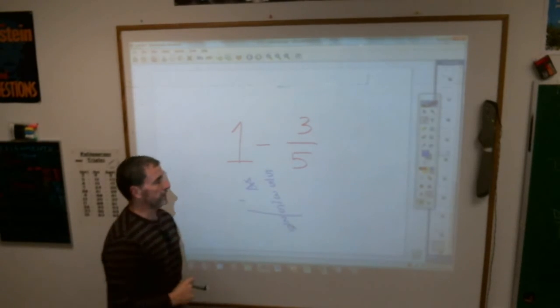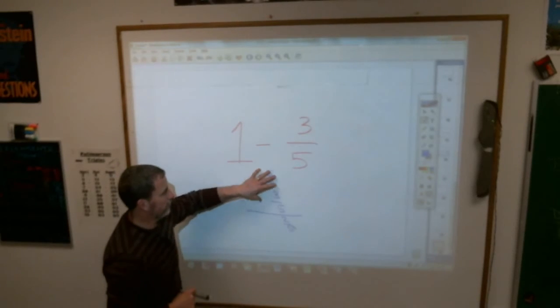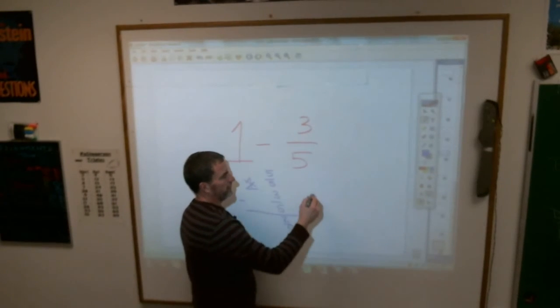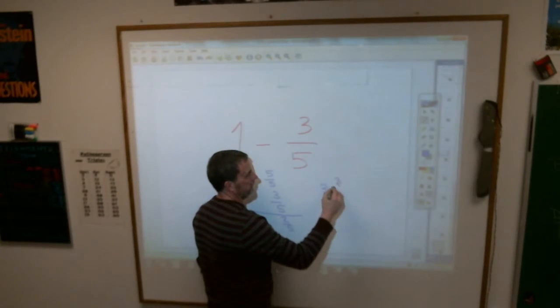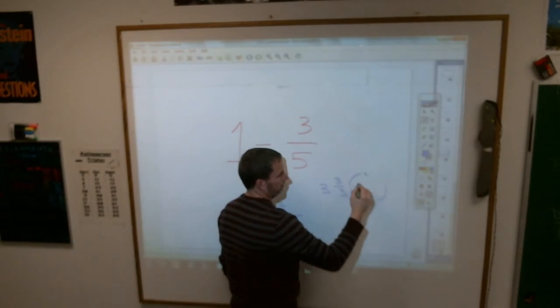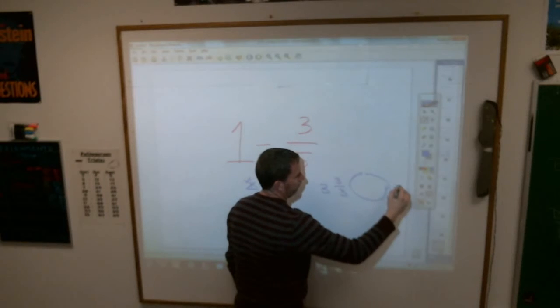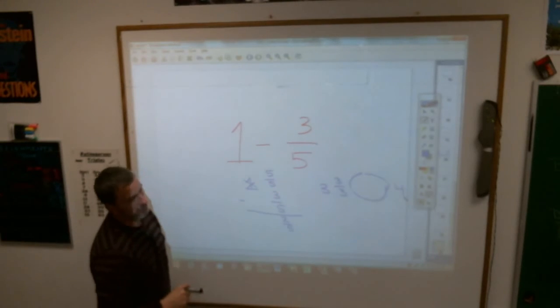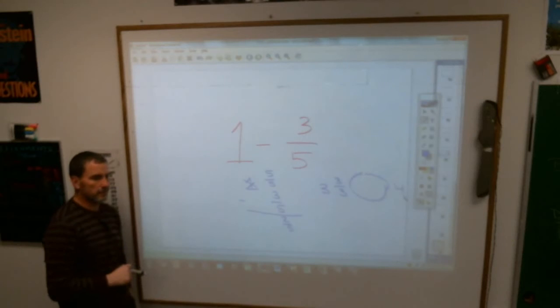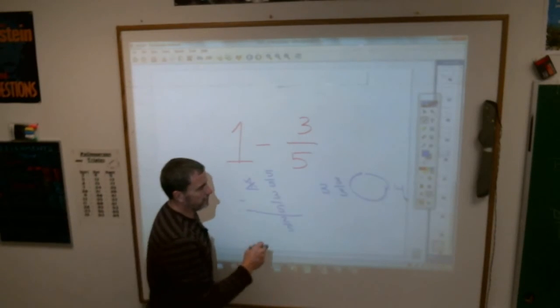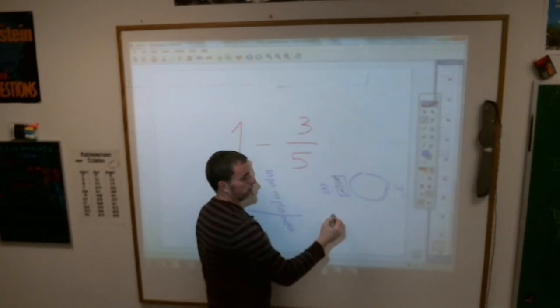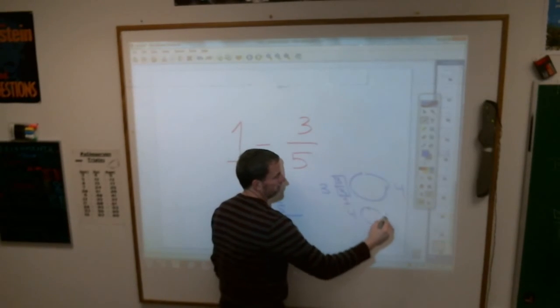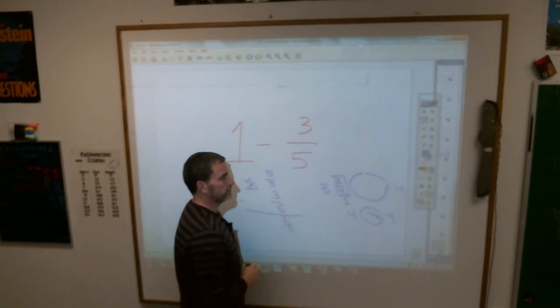And the book's going to do a whole bunch of stuff with this 1 equals 5/5. For example, if you have 3/3 and you're comparing it to the number 1, is that greater than, or less than? Great. It's equal to. Why? Because the fraction 3/3 is 1, and 1 is equal to 1.